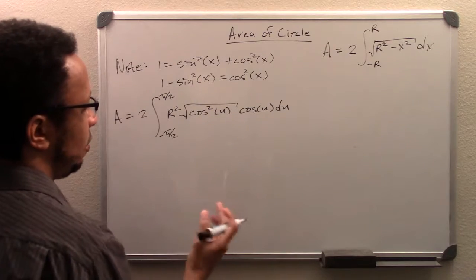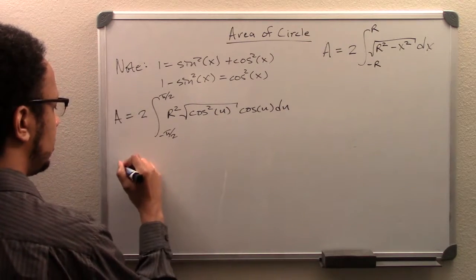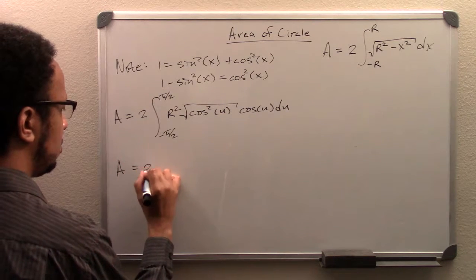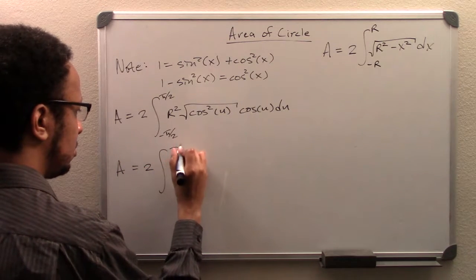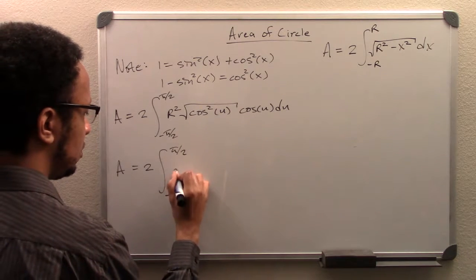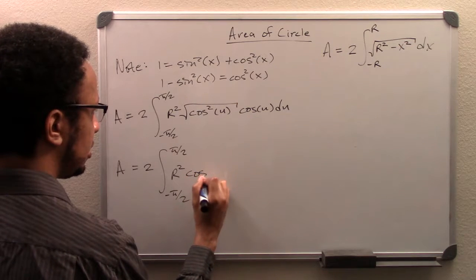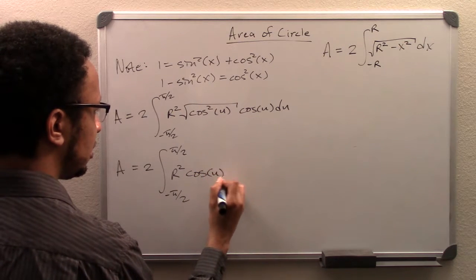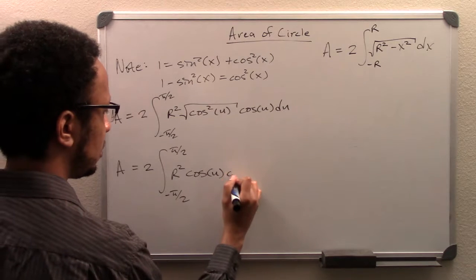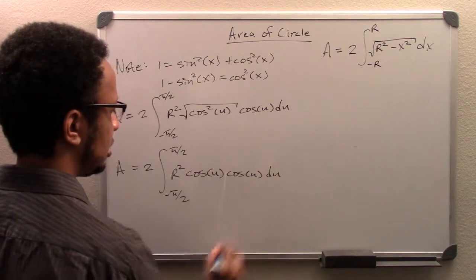Now what can we do? Well, of course, we can bring that out, and we have this expression: r squared, cosine of u, cosine of u, du.